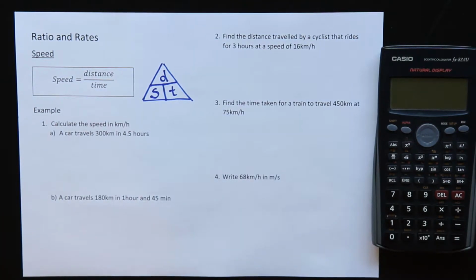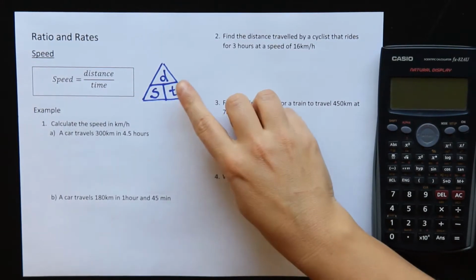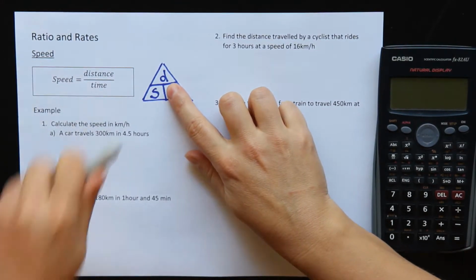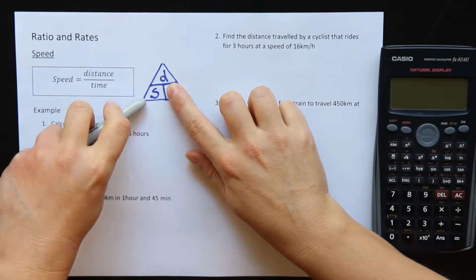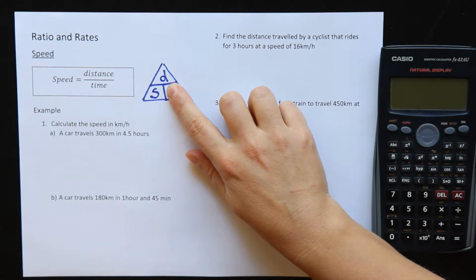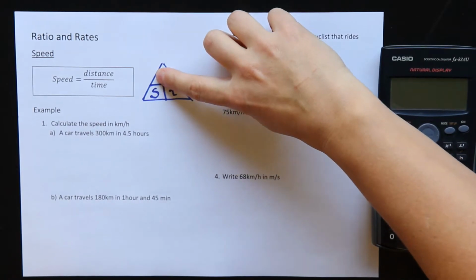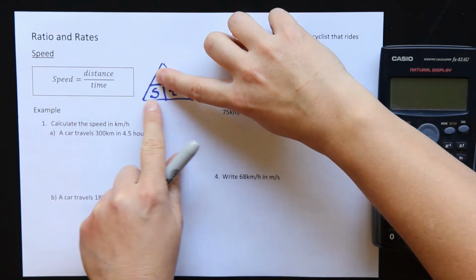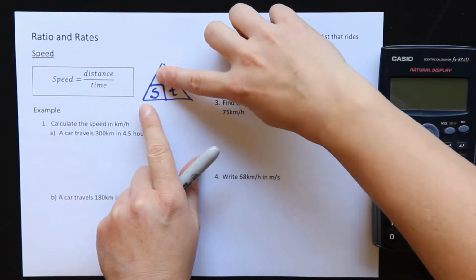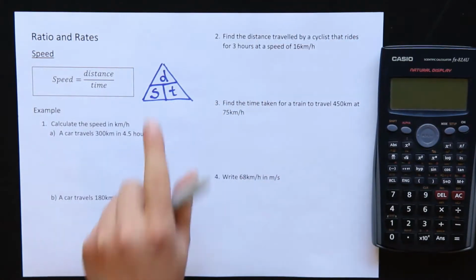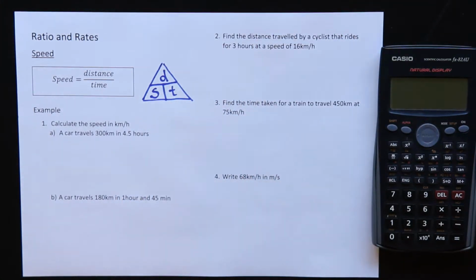If you want to find out what time is equal to, you cover up the T with your finger. It is equal to distance over speed. If I want to calculate the distance, I cover up the distance. Speed and time are next to each other, which means I need to multiply them. It's speed times time. So memorize that little triangle and it will help you in this topic.